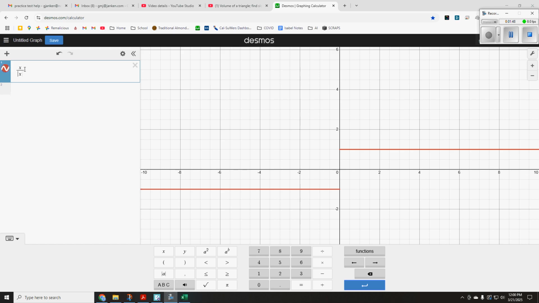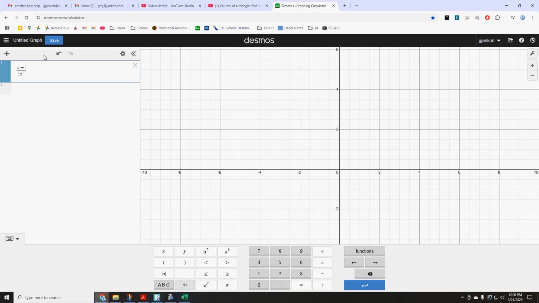So let's expand that a little bit. If I go x minus 1 divided by the absolute value of x minus 1, well, I have the same kind of situation, but not surprisingly, I have shifted it to the right by 1 unit.